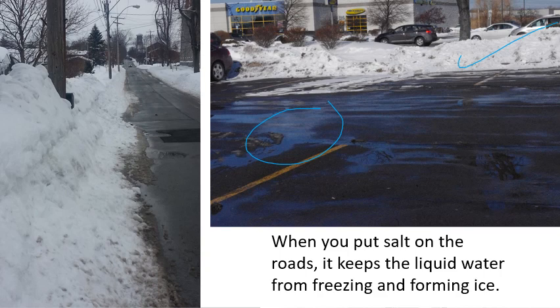It was in Rochester, New York in the wintertime one year. And yet there was still liquid water. And that's because they had spread salt on the snow, and it became salt water, which doesn't freeze until the temperature gets really, really low. Same thing here. This road, they had spread salt on that road to keep anything from freezing on top of it. We don't have that capacity to do that here in Atlanta.